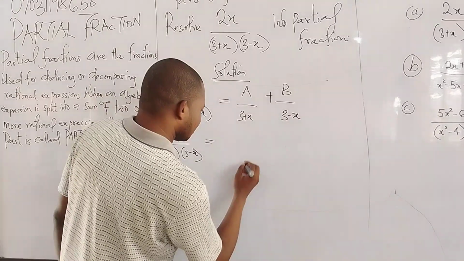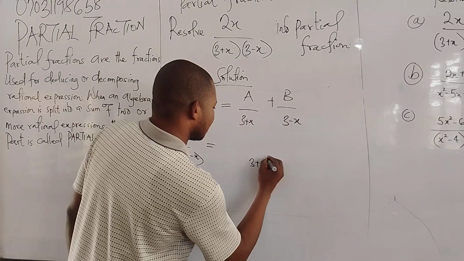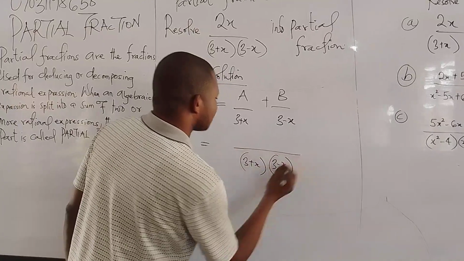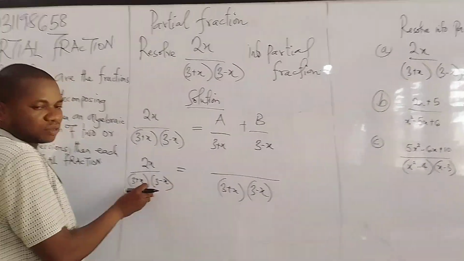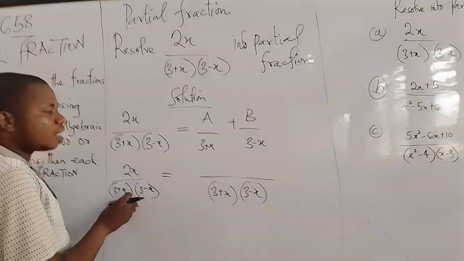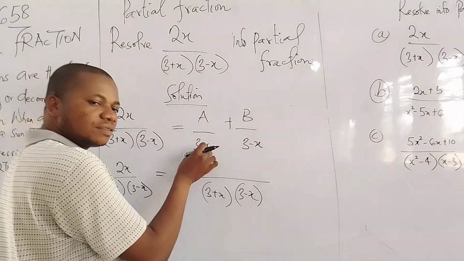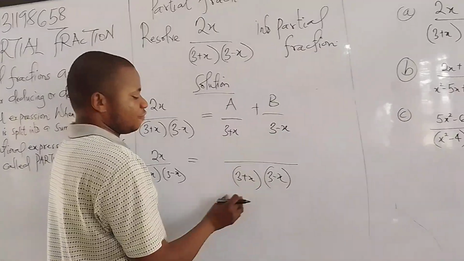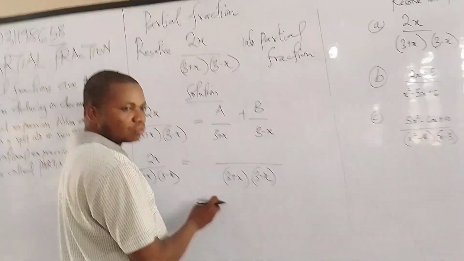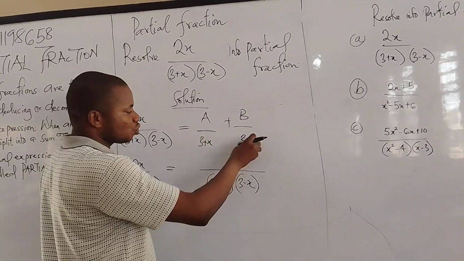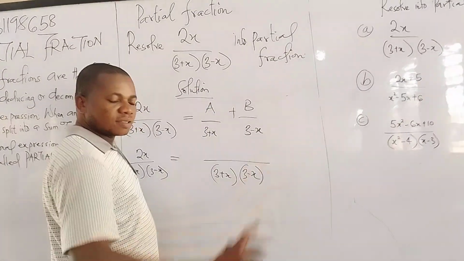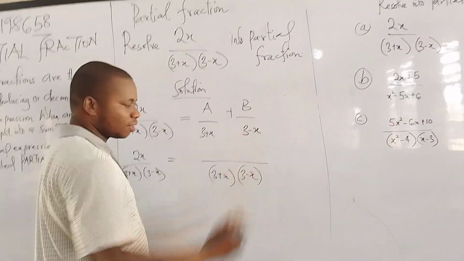So it's as good as saying 3 plus x times 3 minus x. So that is our factor, which is still the same thing as what we're having here. So now, just like when you are resolving your normal fraction, you use this to divide the denominator. When you are done with this side, you also use this to divide the denominator, one after the other.